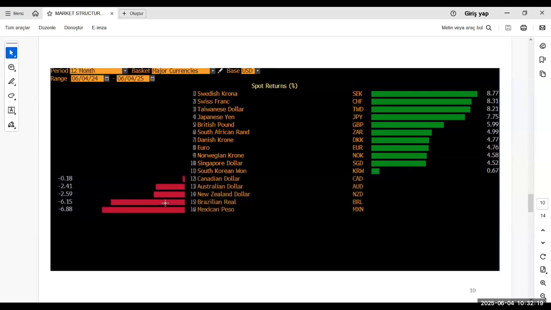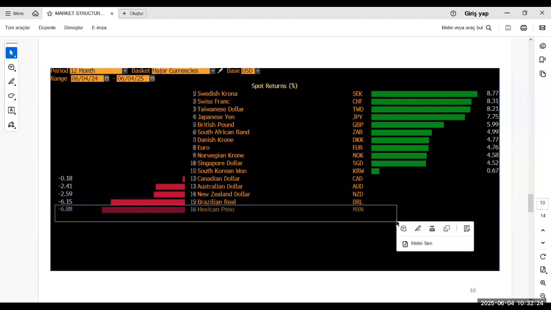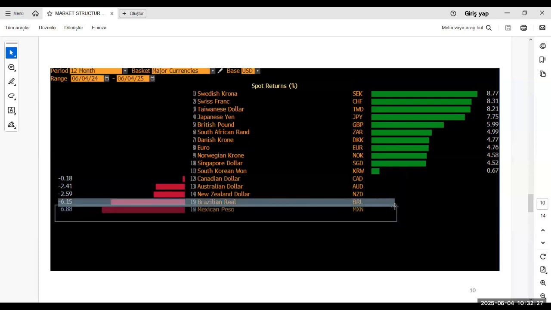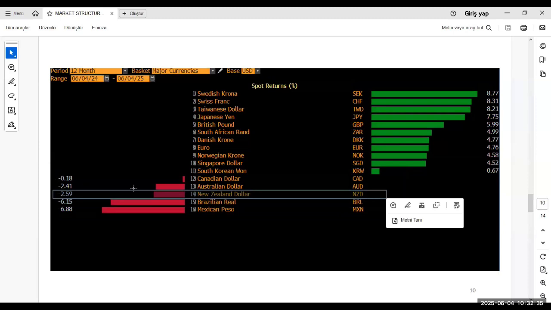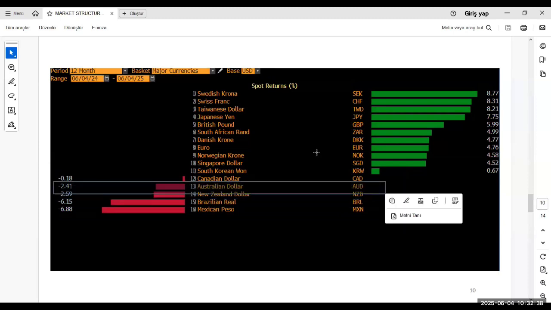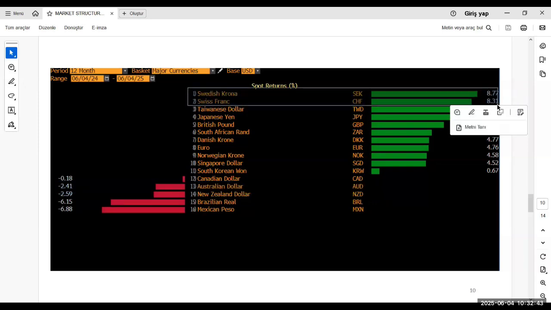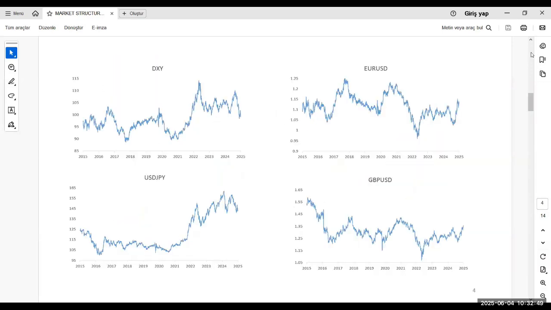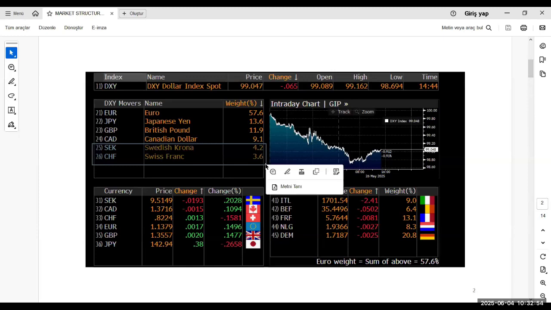If I take the 1 year performance against the United States dollar, the Mexican peso depreciated approximately 7%, the Brazilian real approximately 6%, the New Zealand dollar approximately 2.5%, and the Australian dollar 2.4%. The best performance during 1 year is the Swedish krona and the Swiss franc. These are two. Please look at the basket again. The Swedish krona and Swiss franc are also in the basket of the XY currency, right?